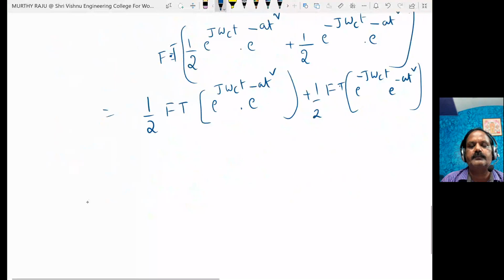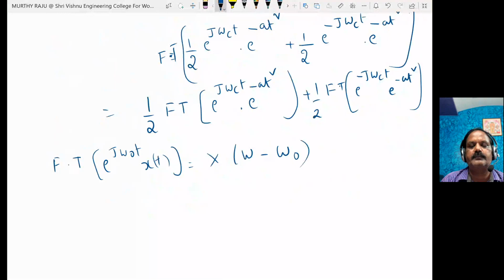According to the frequency shifting property, e power j omega naught t x of t gives x of omega minus omega naught. Here omega naught is omega ct. Here omega naught is minus omega ct.